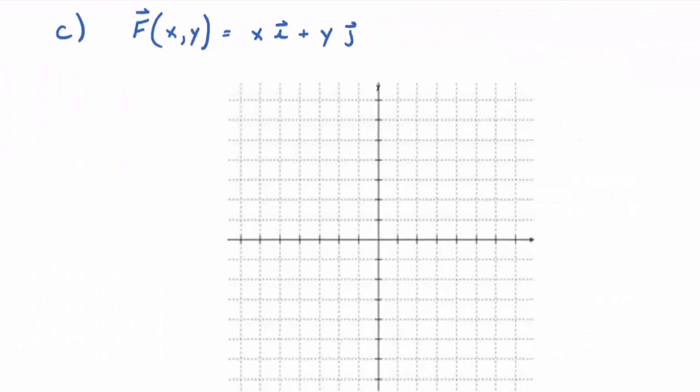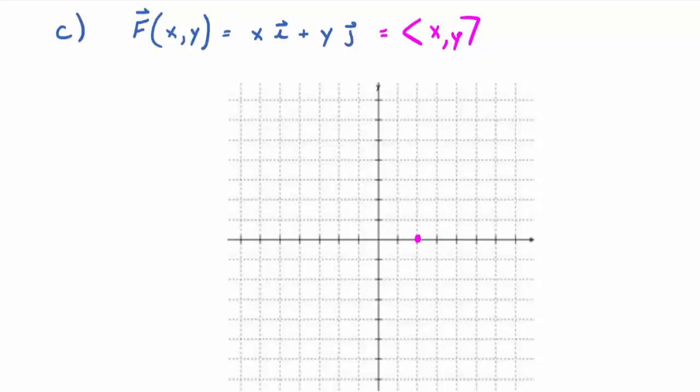So what is this saying in component form? It's saying if the input is x, y, the output is the vector x, y, right? So we could make a table of inputs and outputs, but you don't have to. Just use the graph. So if I made the input 2, 0, then the tail would be 2, 0.